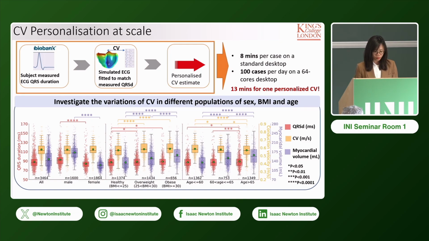What we find here, on the left, is that the larger QRS duration in males is largely explained by males usually having a larger heart size, and we find the variation in the QRS duration in the obese and the aging groups can be explained by both conduction velocity and heart size.